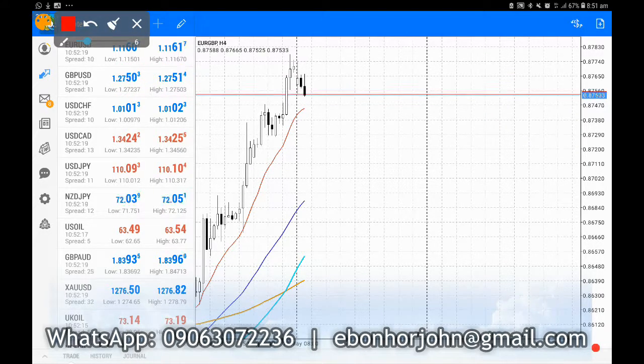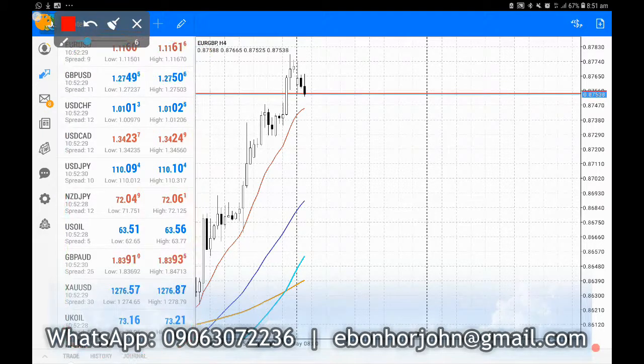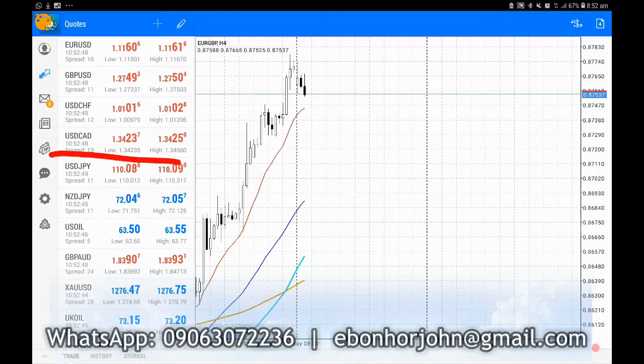Okay, so this is our chart, and as you can see, on the left hand side here, at this area, you have the currency prices. You have the price of all the currencies. Now, if you look at those prices, you realize that anyone that has JPY in it would have the figures before the dot usually larger than 1, and then after that, you now have 2 decimal places like this.